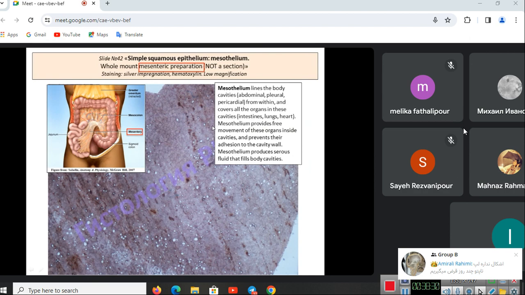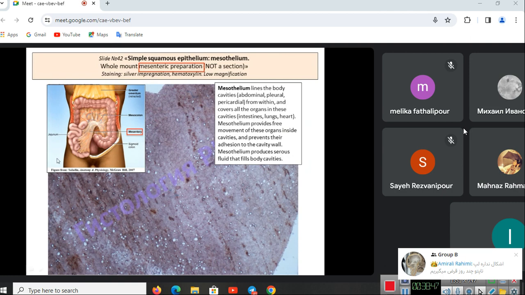And mesothelium provides free movement of these organs inside cavities and prevents their adhesion and friction to the cavity wall, because mesothelium produces serous fluid which fills these body cavities.